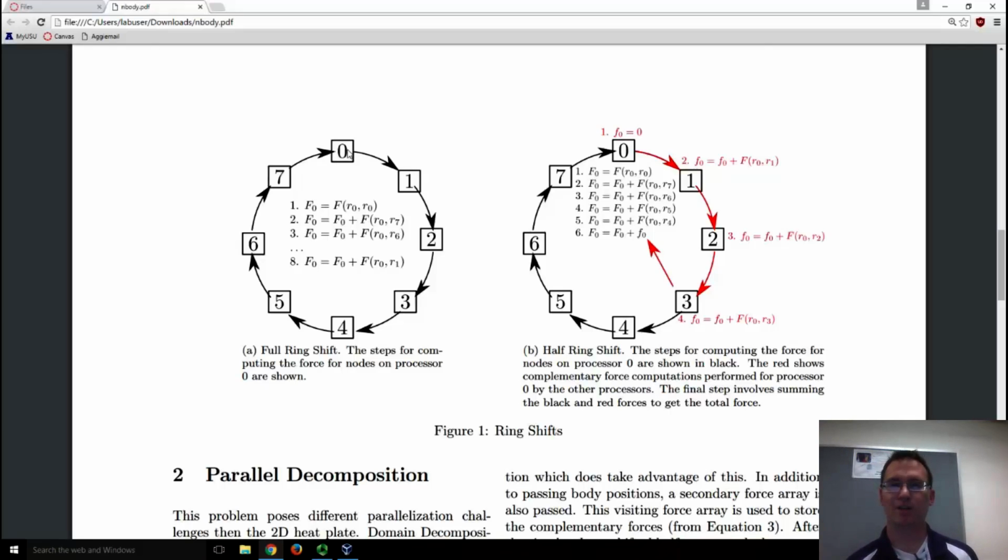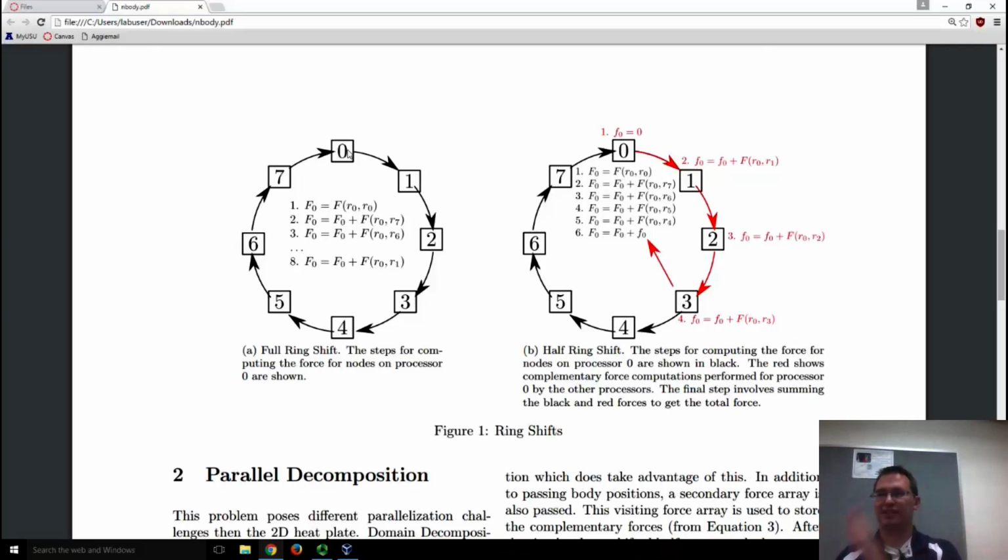And he can compute the forces between all the 10 bodies that he has easily, right? Shouldn't be too big of a deal. And then what he does is he takes his 10 bodies and passes them to the right, while he receives number 7's 10 bodies. And then he computes the forces of number 7's bodies on his bodies.